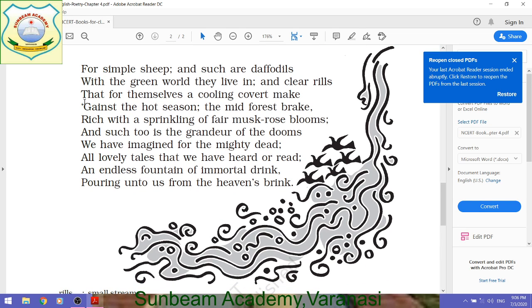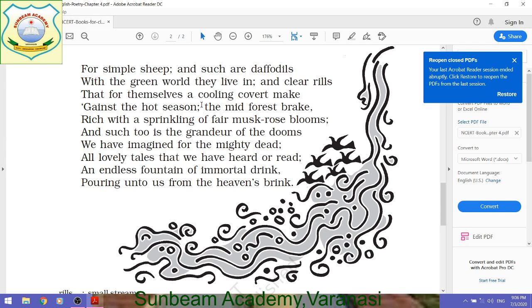Till here we have already studied that for themselves a cooling covert make against the hot season. There are so many things of beauty present on the earth, which are the beautiful gift, the bounty of nature for all human beings.